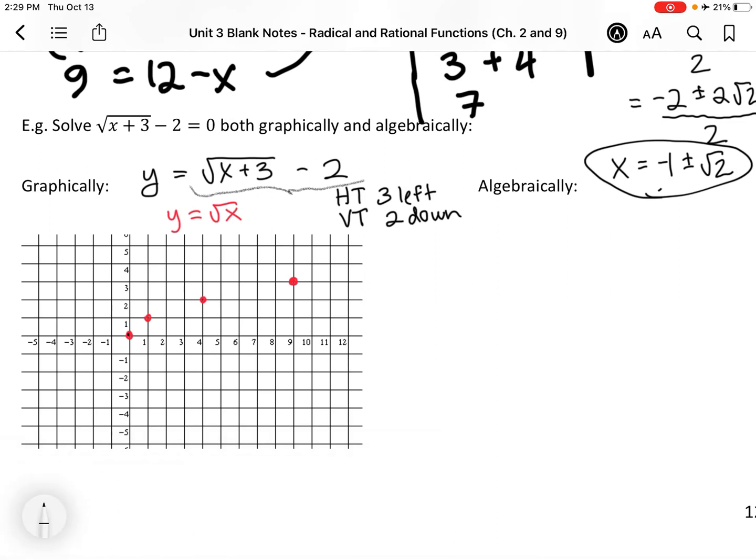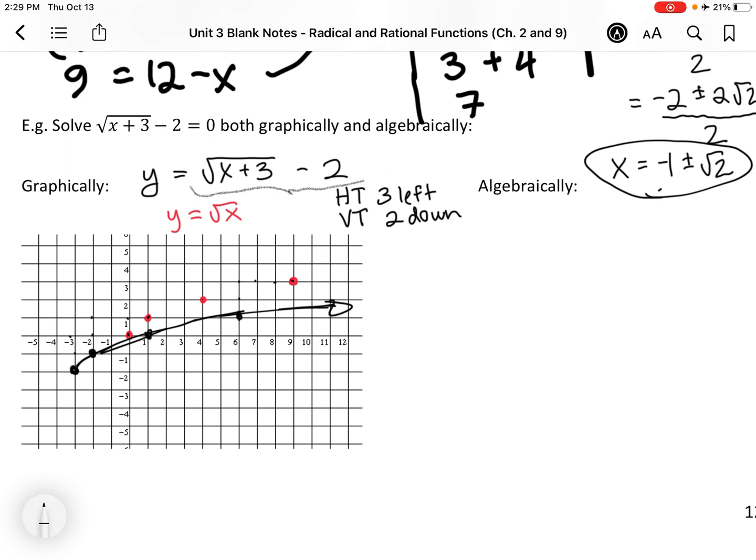So this point is going to go 1, 2, 3, 1, 2. Same for the other points. Okay, and there is my new, transformed graph.